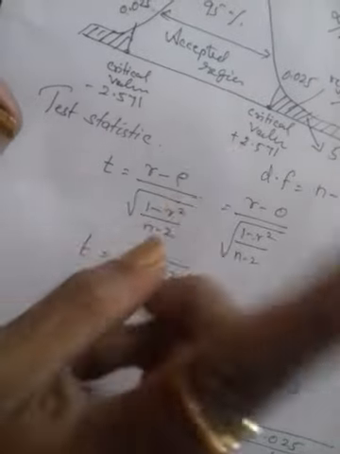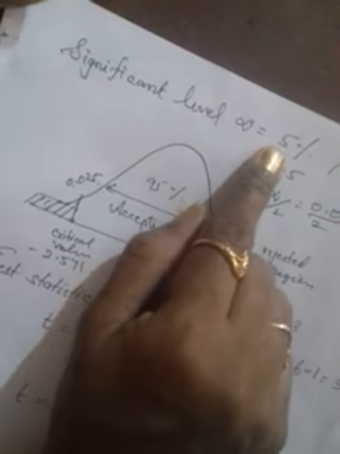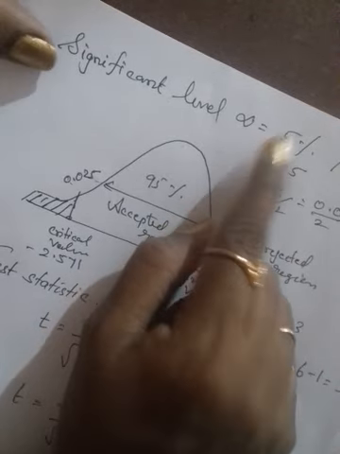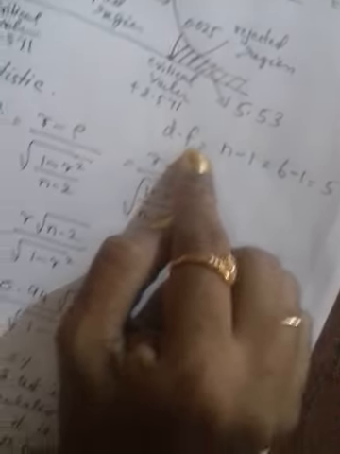First we set the null hypothesis and alternative hypothesis, then we set the level of significance at 5%, that is, how confident you are to accept the null hypothesis that we set. Then we have to set our degree of freedom.